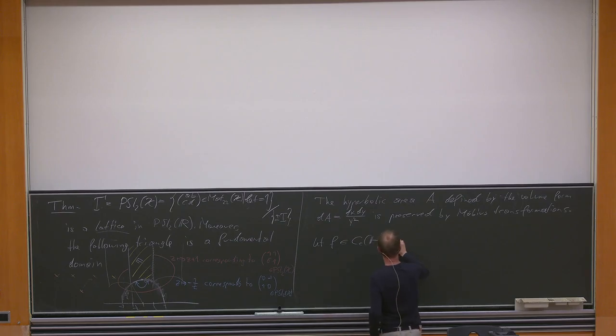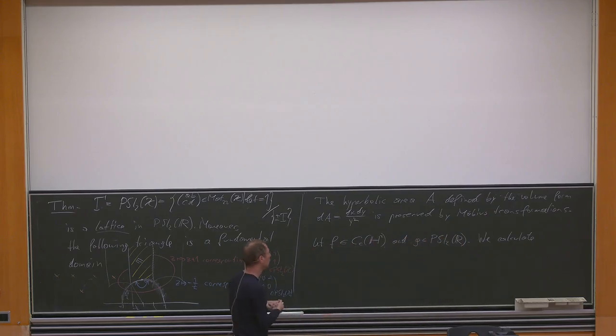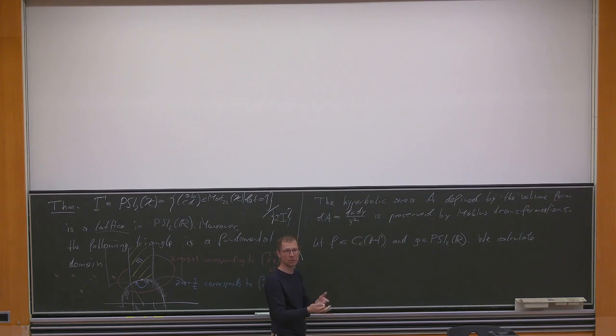Let G be in PSL2R. We calculate what it amounts to when we compose f with G and integrate with respect to dA, and where the G is really important when we do this composition with G.